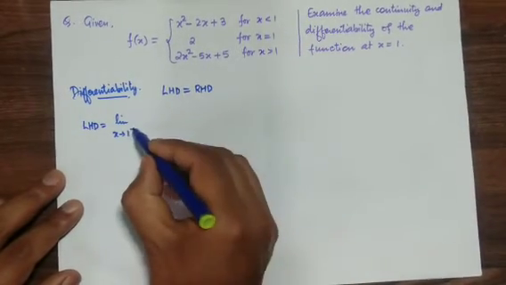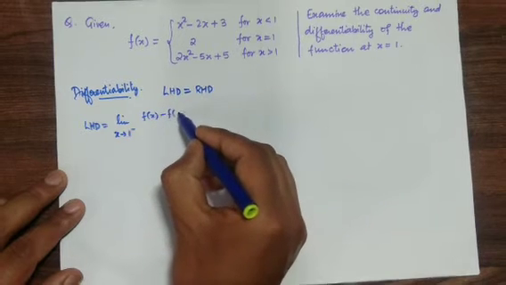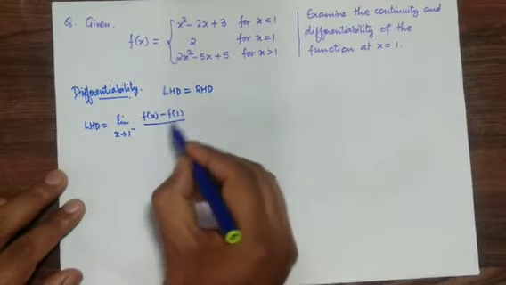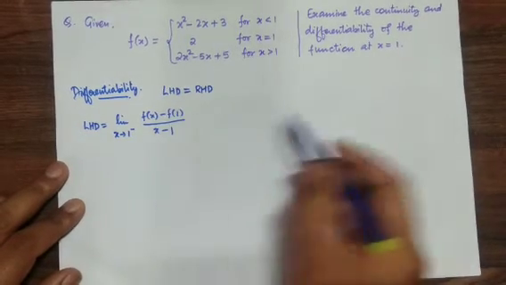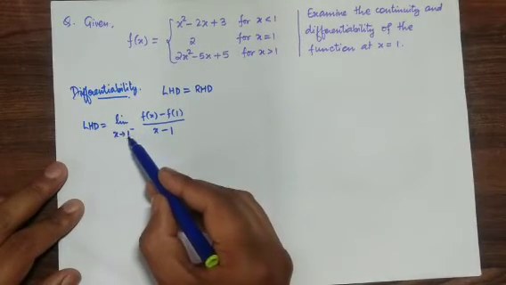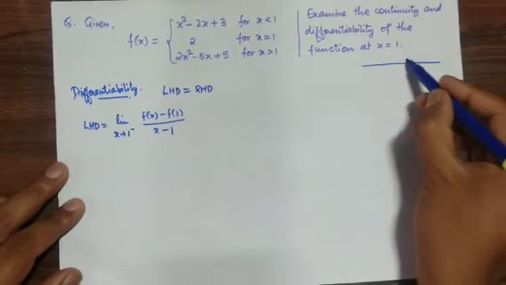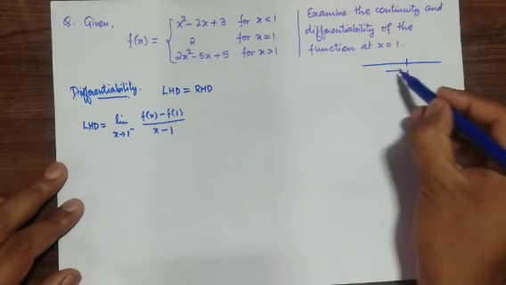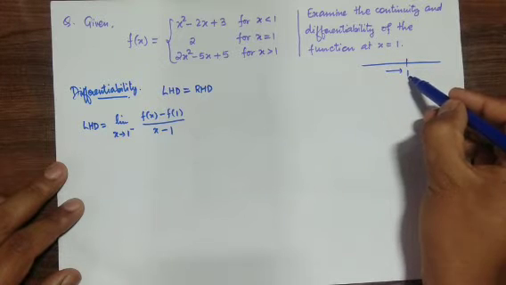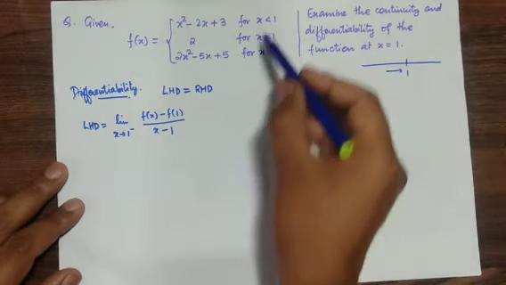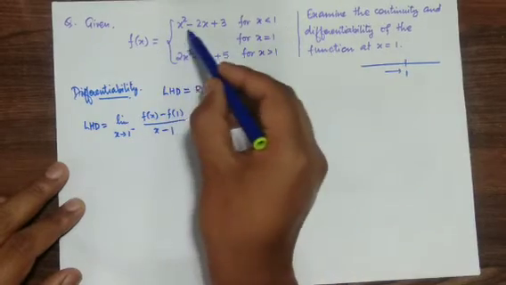So limit x tends to 1 minus of (f(x) minus f(c)) by (x minus 1), where f(c) means f(1). This is my left hand derivative, and as I said earlier, x is going towards 1 from the left hand side, so whichever x comes here is obviously less than 1. So for x less than 1, the functional value will be this much.